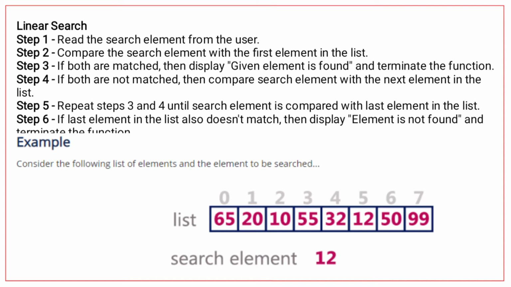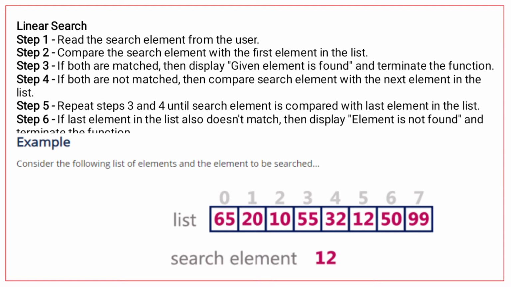Repeat the same until search element is compared with the last element in the list. If that last element also doesn't match, then the result is element not found in the list. That means the search element is compared with element by element in the list.